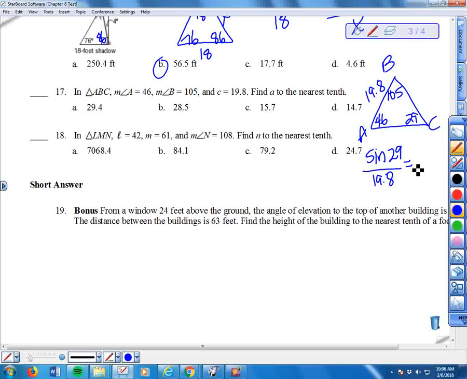I'm trying to find A. So sine 46 over A. 19.8 sine 46 divided by sine 29. Let's try again. Times sine 46 divided by sine 29. 29.4.